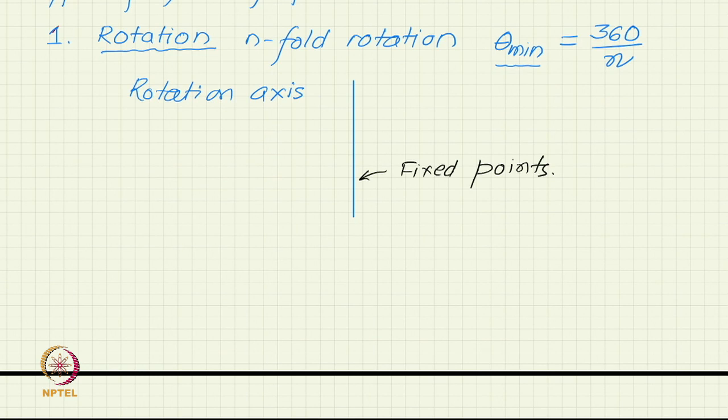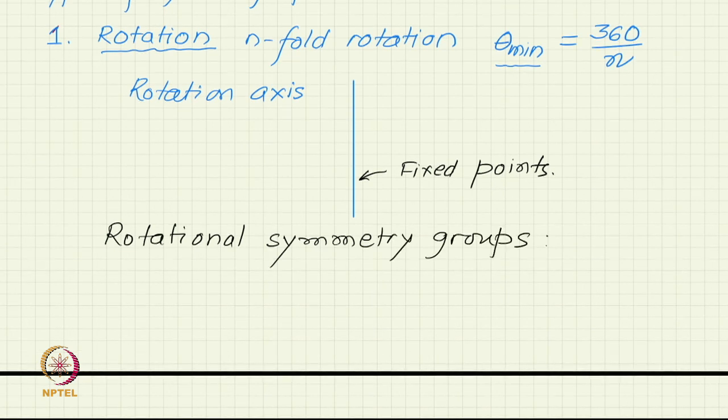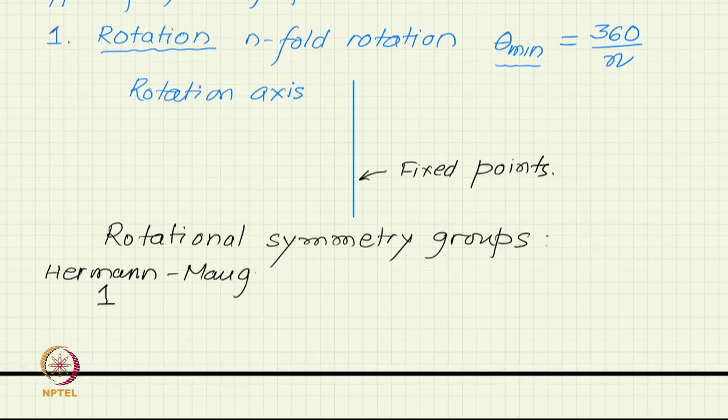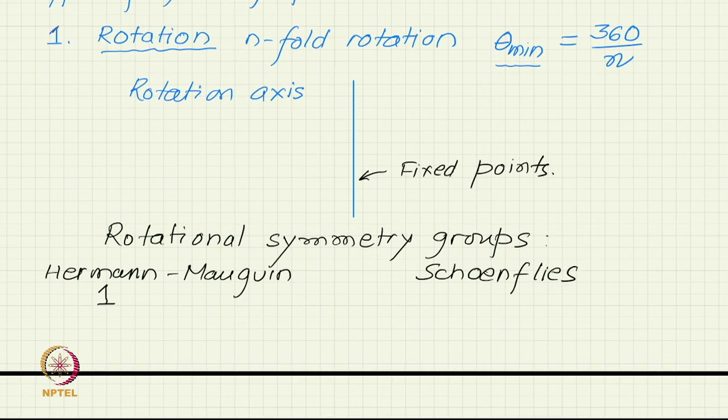And in terms of group, when we say a rotational symmetry group, the symmetry group nomenclature has two systems. One is the Hermann-Mauguin, I think we had discussed this, and the other is Schoenflies. The Hermann-Mauguin notation is 1, 2, 3, 4, 5, 6, just the number.